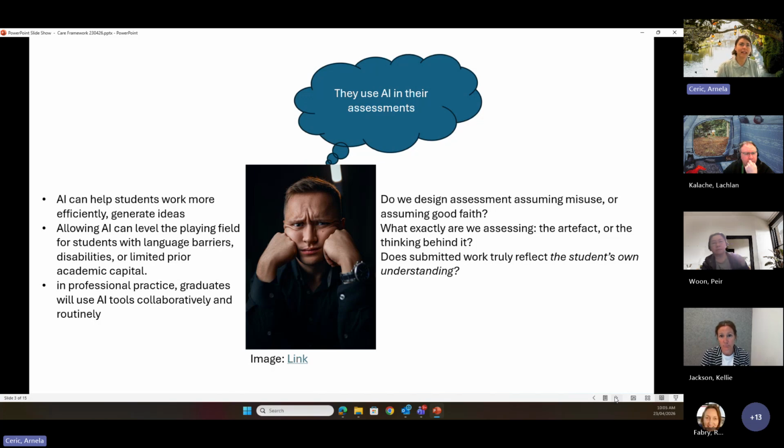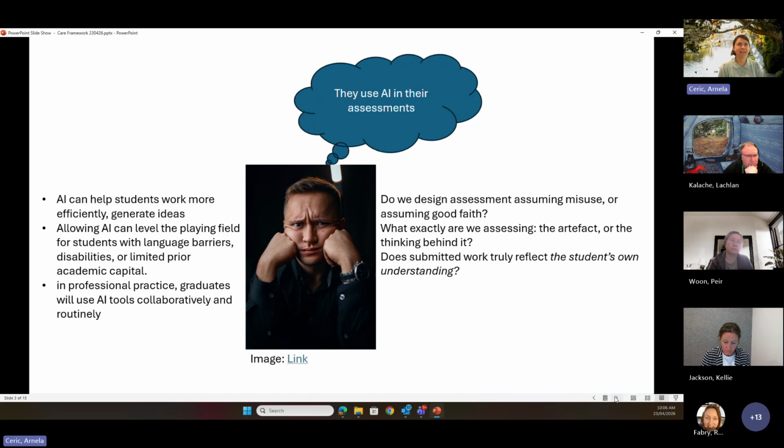So on one hand, yes, it can be such a positive experience. We can do something wonderful with AI. It can assist our students to be more efficient, to generate new ideas. It can help students deal with their language barriers if English is not their first language, or disabilities. And ultimately, we hear that employers want students that have AI skills.